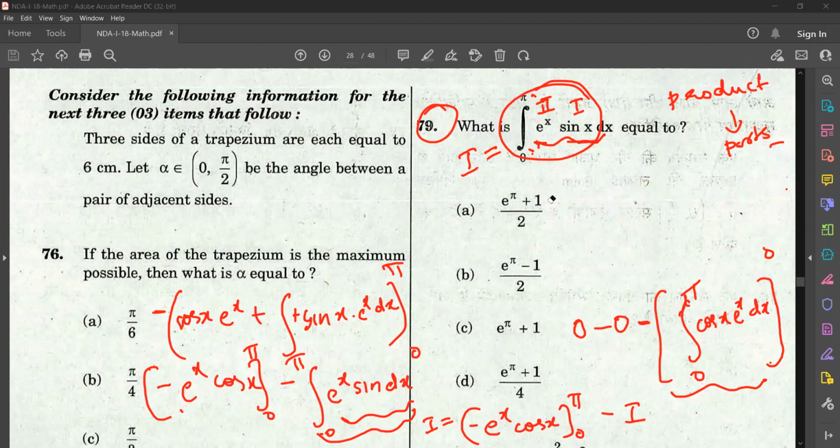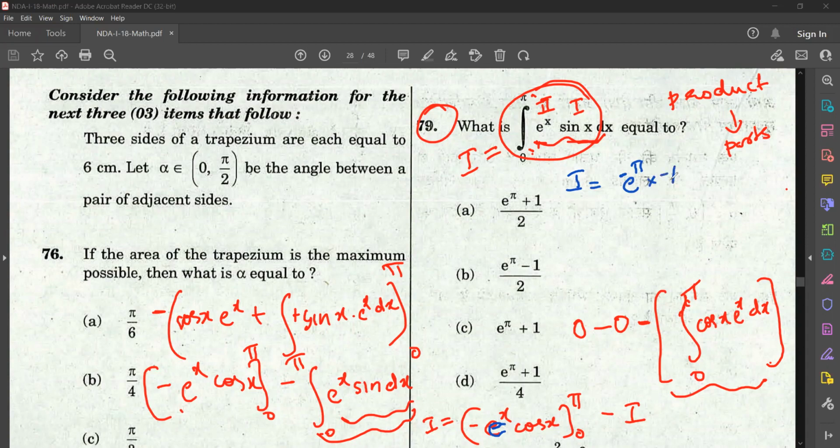This thing is I, so minus I. Now I'm writing here: I is equal to, apply the limit here. When you apply the limit, e raised to pi minus e raised to pi cos pi. What is cos pi?